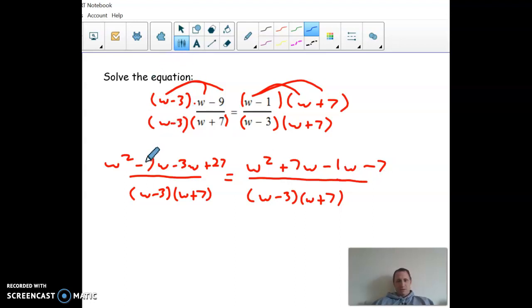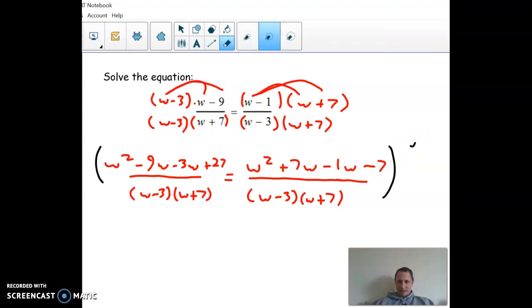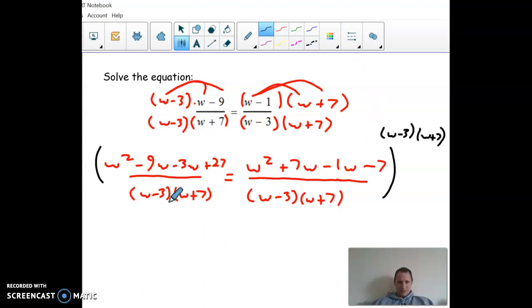Okay, so I'm going to do a couple steps at once here, so sorry to make this kind of goofy, but I'm going to multiply by the denominator. So basically, they're going to wipe out. I'm just going to say we're going to multiply by the denominator, and it's going to wipe it out. All right, so those are gone.